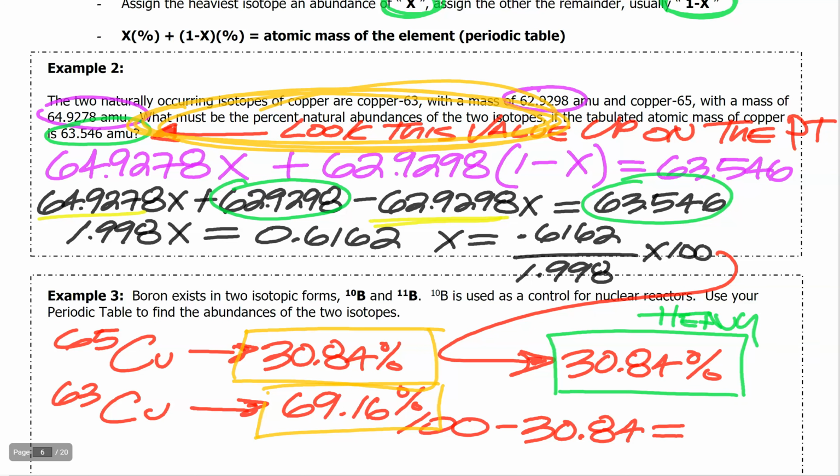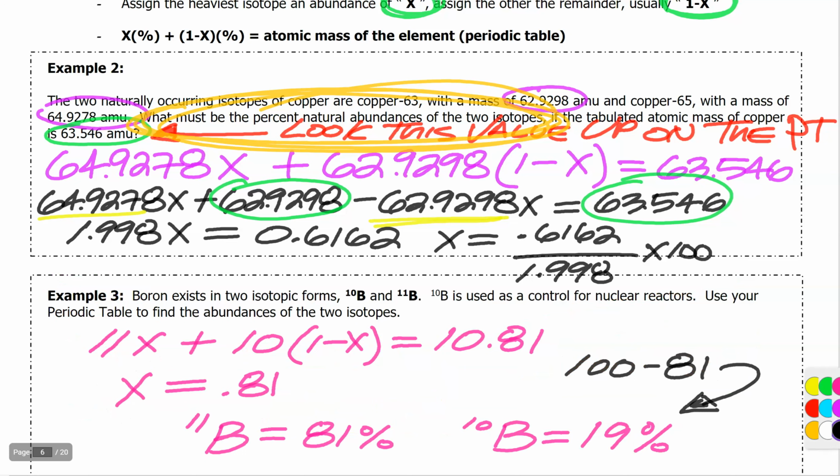And so that's why that was the copper 65, because of course that's heavier than copper 63. All right, so try example number 3 on your own, and then I'll clean this up and put the answer for number 3 on there.